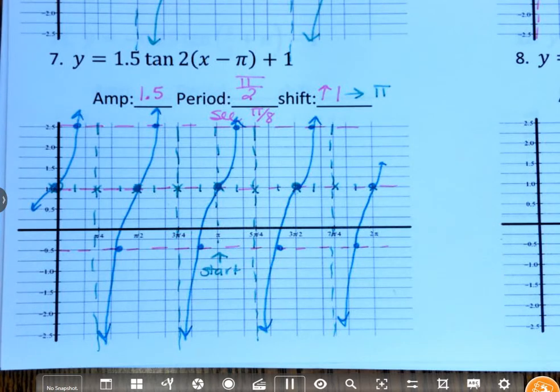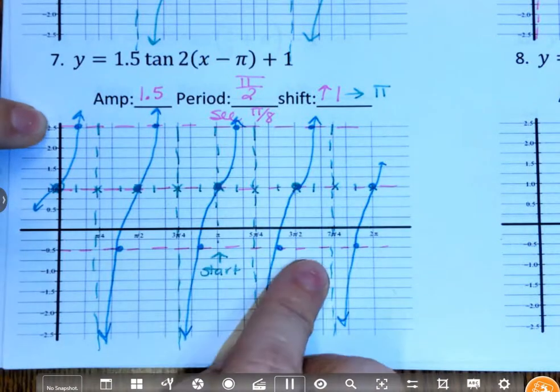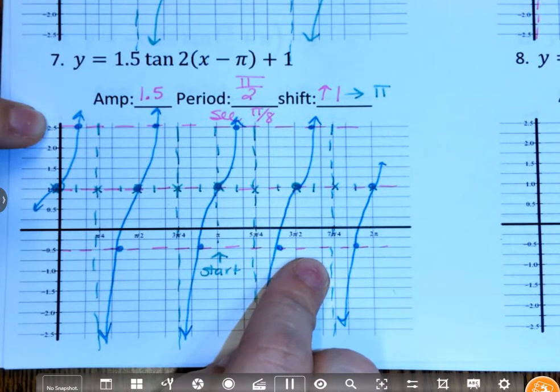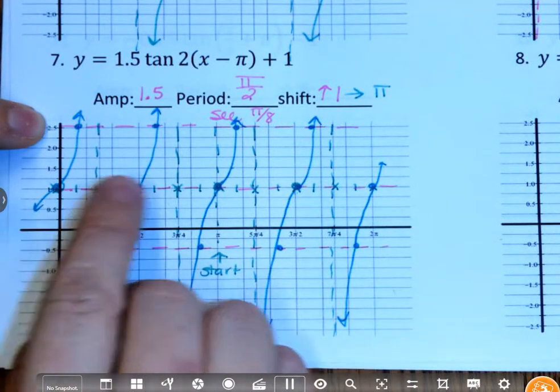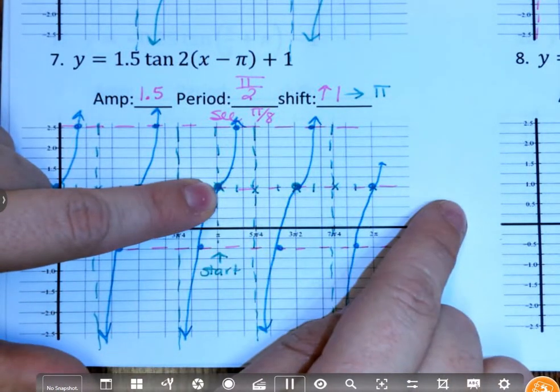Questions on this? Okay. Were you okay with the vertical shift up? Amplitude of 1.5. So top and bottom. Okay, so you started at pi, and from here out you're okay?